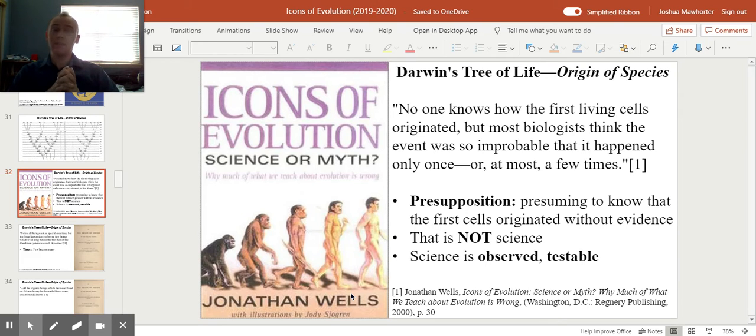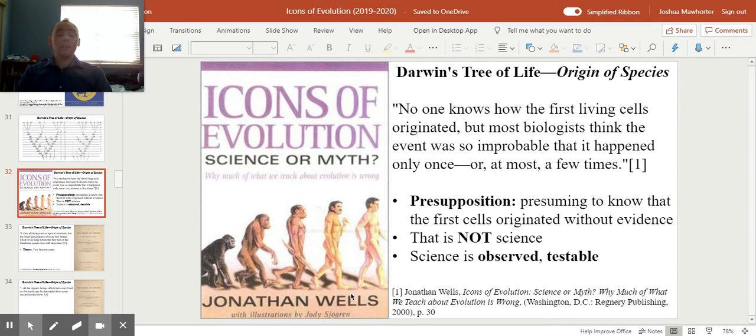Okay, so again, remember, this is not something that's empirically verifiable. It has happened in the past, it cannot be repeated, it cannot be demonstrated, it cannot be proven, at least in that purest empirical sense.